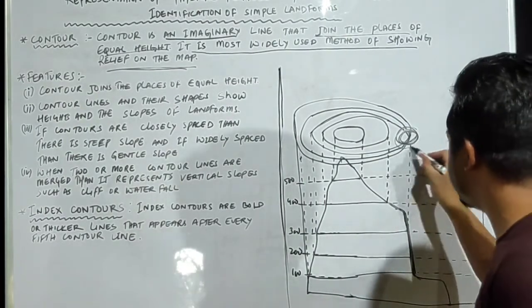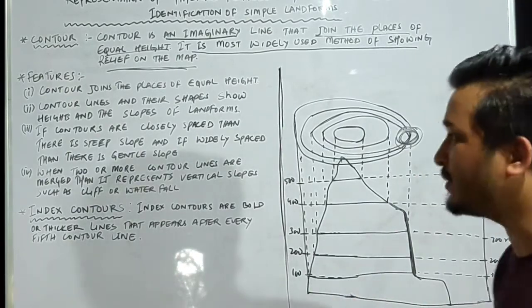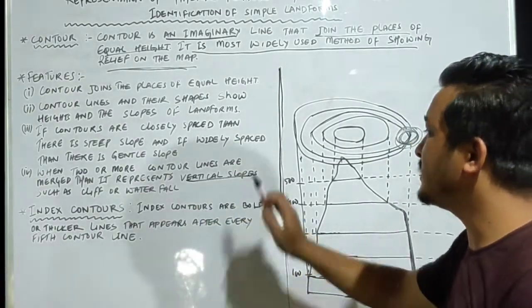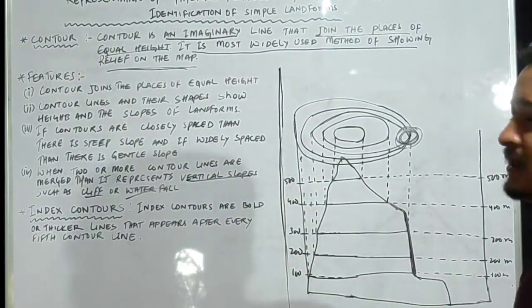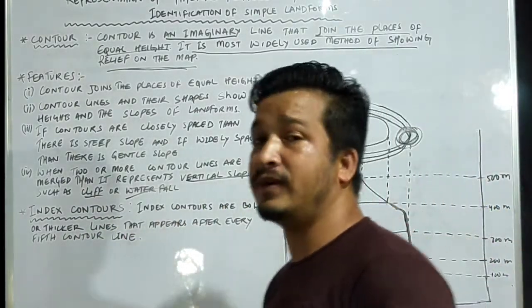When you see merged contour lines, you can say it will have a vertical slope, cliff or waterfall. So I think the concept is clear.